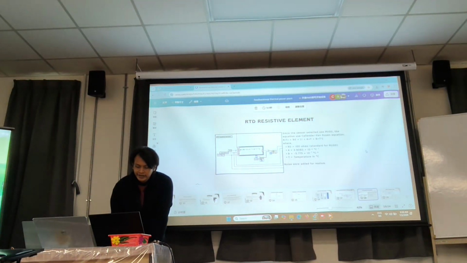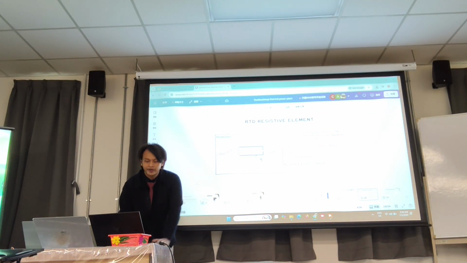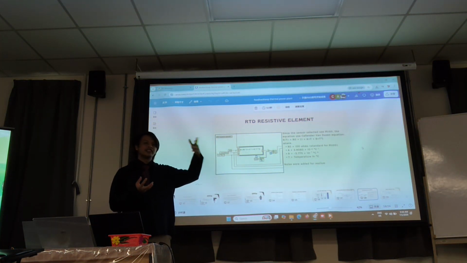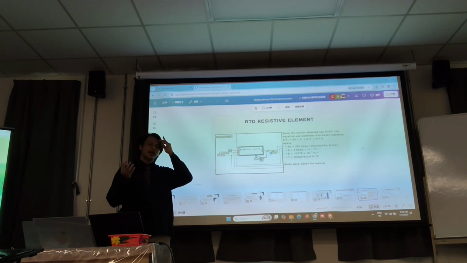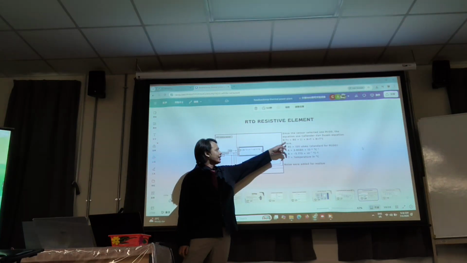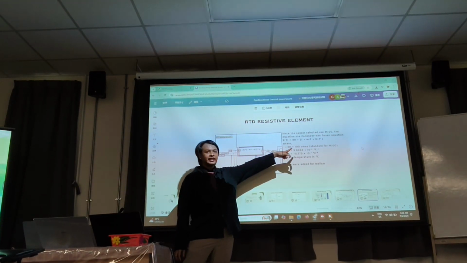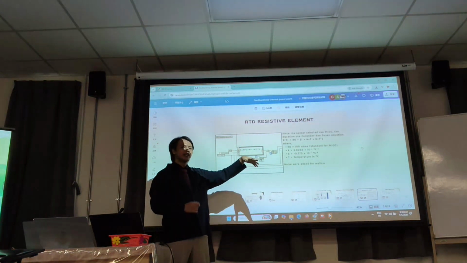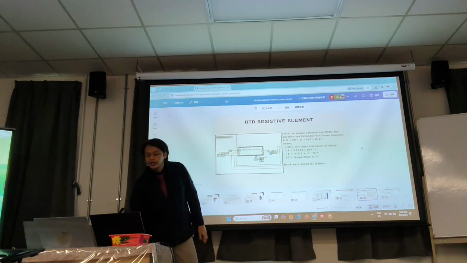Then actually with this equation, when you want to convert back, because now you get the signal in terms of resistance, and you want to convert back into the temperature, you need to find back the T itself. When you rearrange this equation, it's actually a quadratic equation.